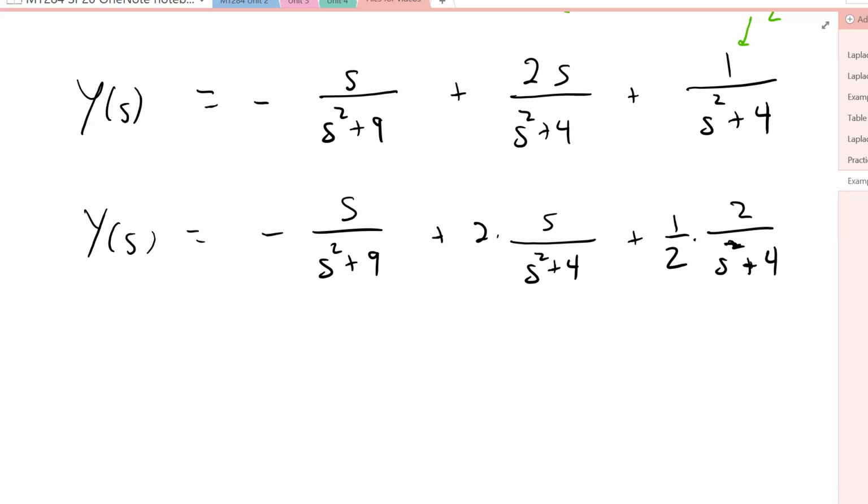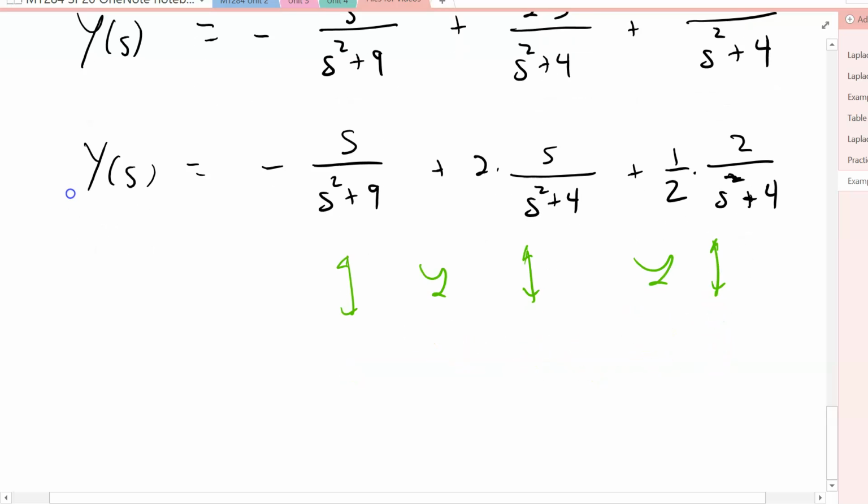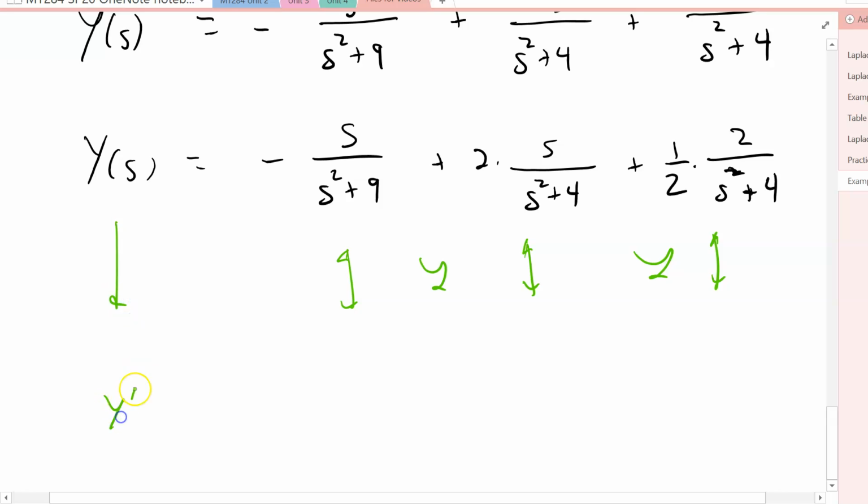Now we can say, via the Laplace transform, what does each one of these terms turn into? Well, this one turns into little y of t. Little y is related to big Y via the Laplace transform. The first one is exactly the cosine of 3t, plus, now we're going to get the 2 factor coming along for the ride, s over s squared plus 4 is exactly cosine of 2t.